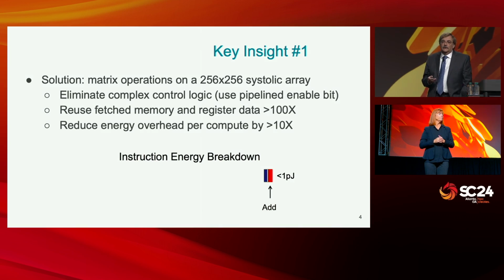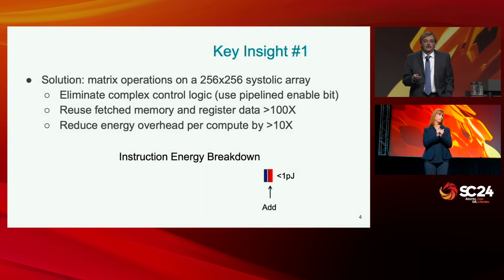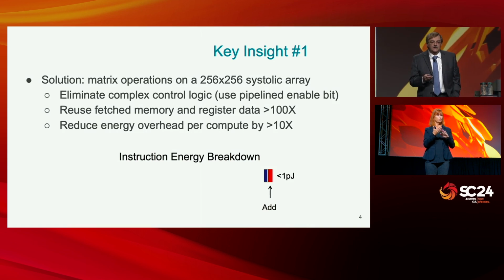And the solution that we came up with was to do matrix operations on a 256 by 256 systolic array. So that eliminates all kinds of complex control logic, and most importantly, as you'll see later, it reuses fetched memory and registered data 100 times.